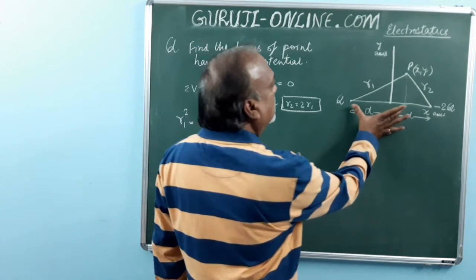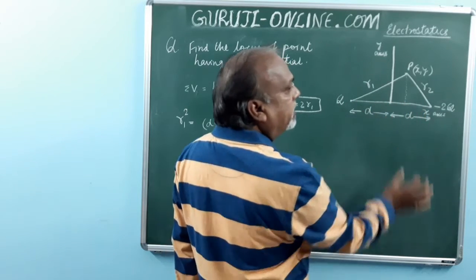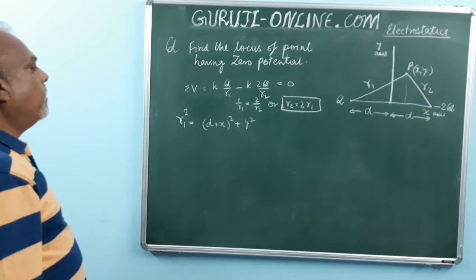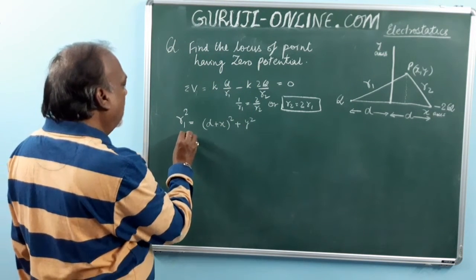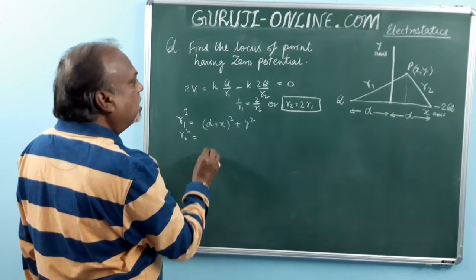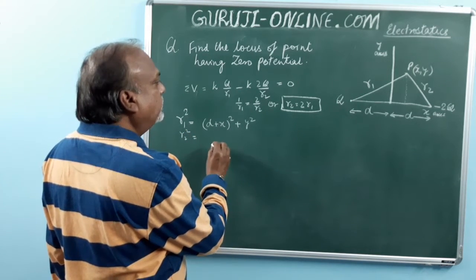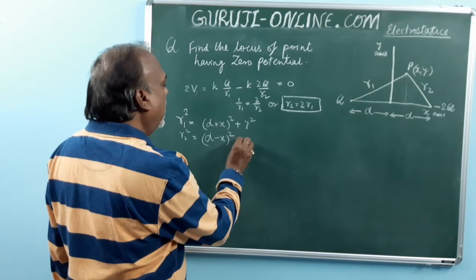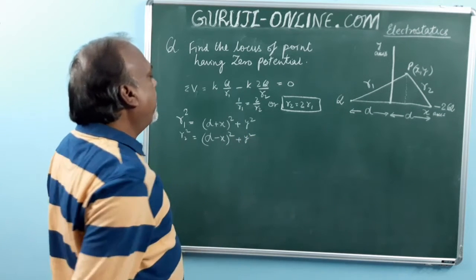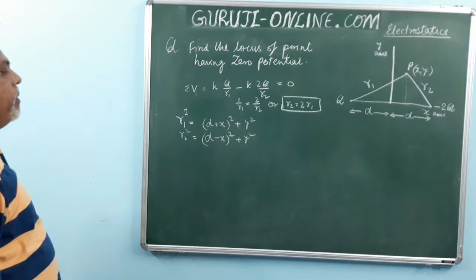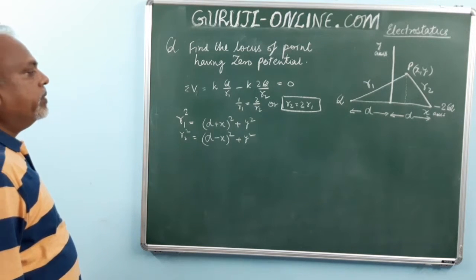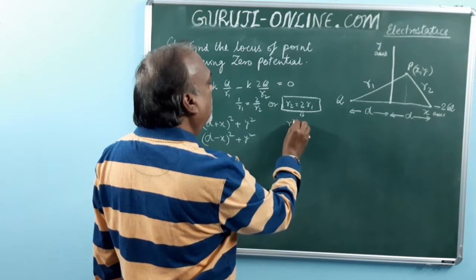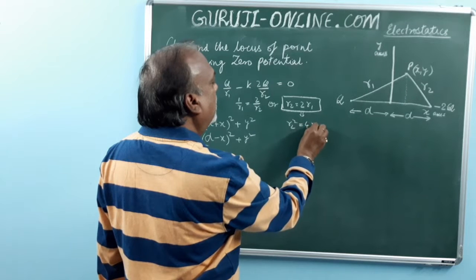What will be this distance? D plus x, because the xy coordinates are there. And what about R2 square? It will be, of course, (d minus x) whole square plus y square. Here we can write R2 square is equal to 4 R1 square.